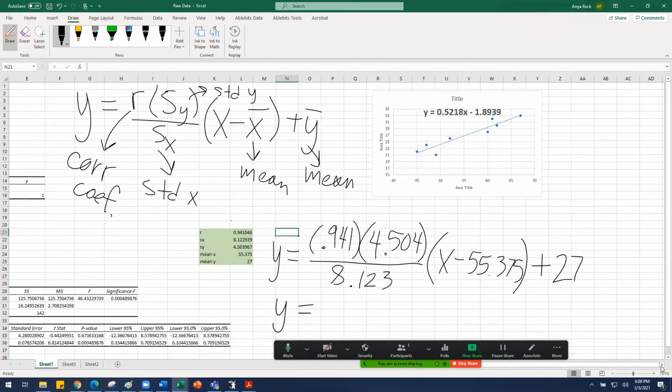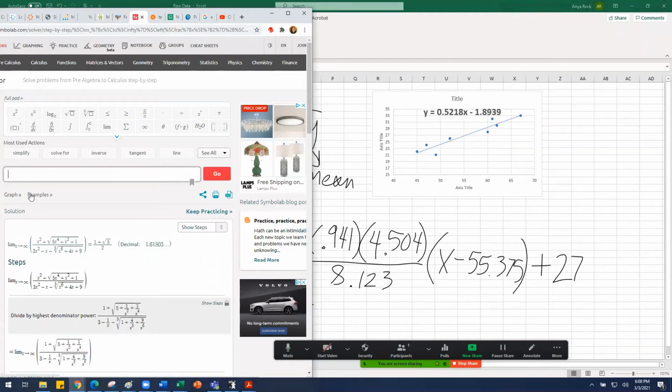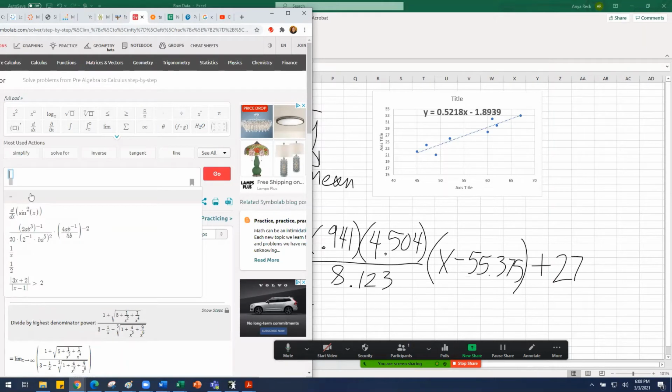Now, if you don't know how to simplify this, that's okay. There is a website called Symbolab, and you can type in this equation and it will simplify it for you.